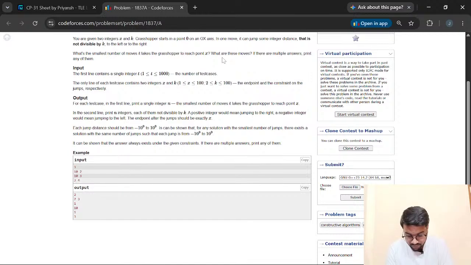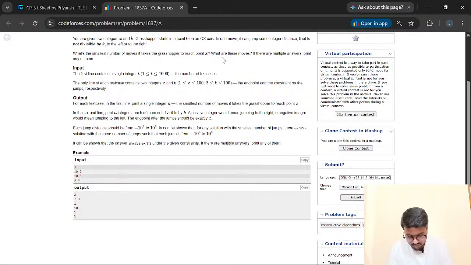Wait a second, 10, 10 mod 3. But the number we go there should not be divisible by 2.